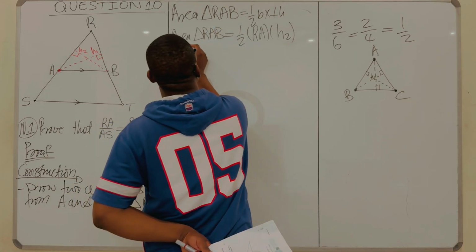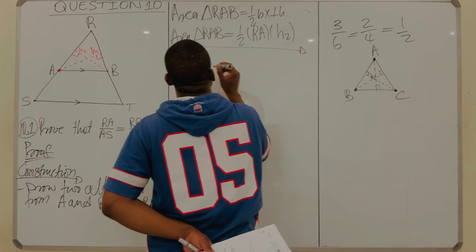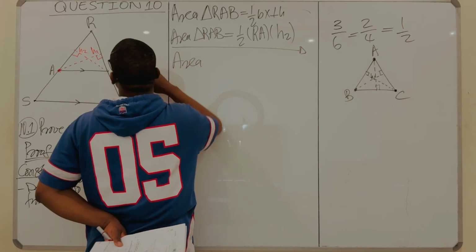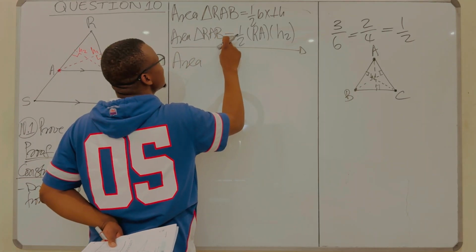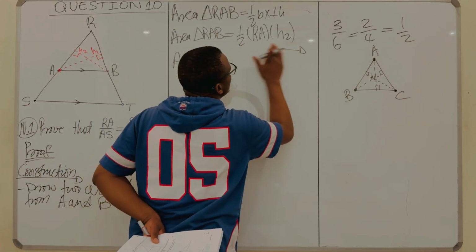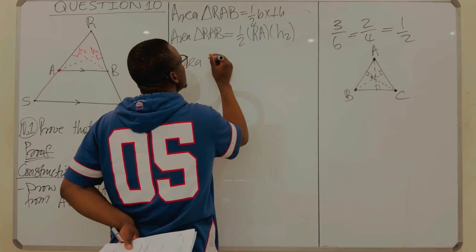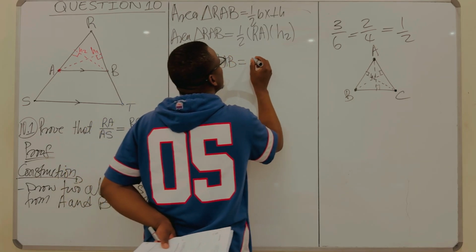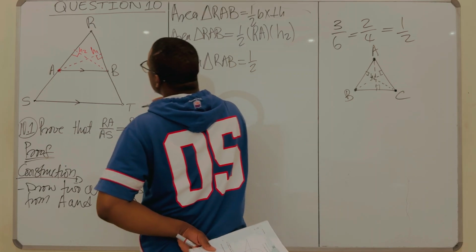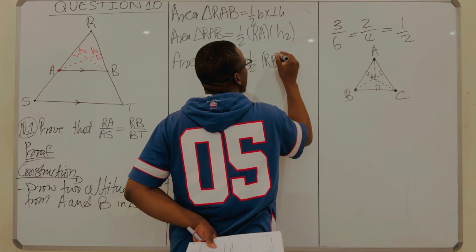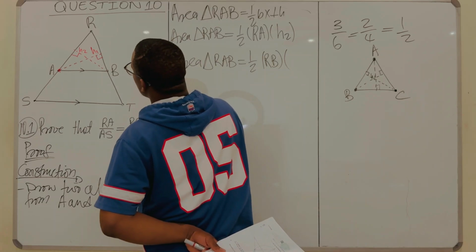Right? No problem. You can also calculate the area of the triangle from this side as well. So these areas are equal. Actually, let me not even underline it because we're not done. So your area of triangle RAB is equal to half base, where your base is RB, times the perpendicular height. What is the perpendicular height?